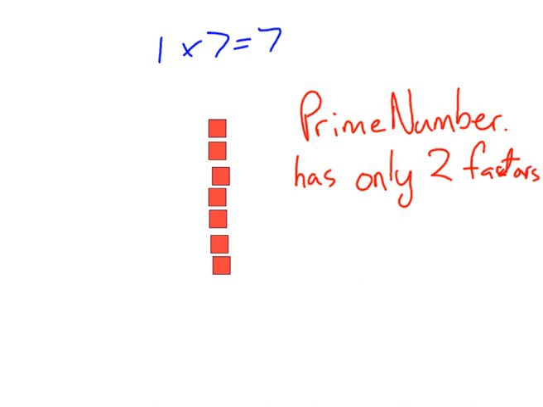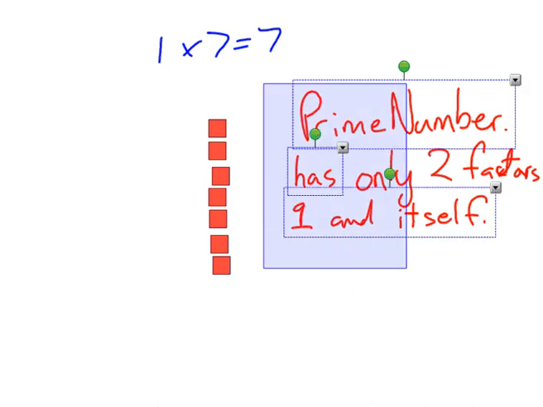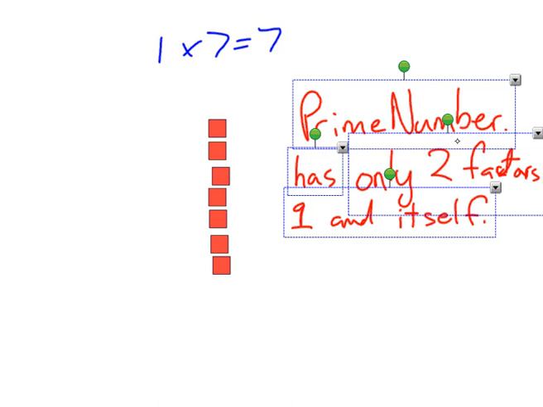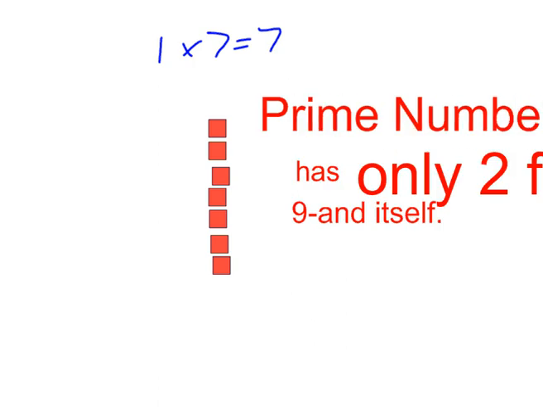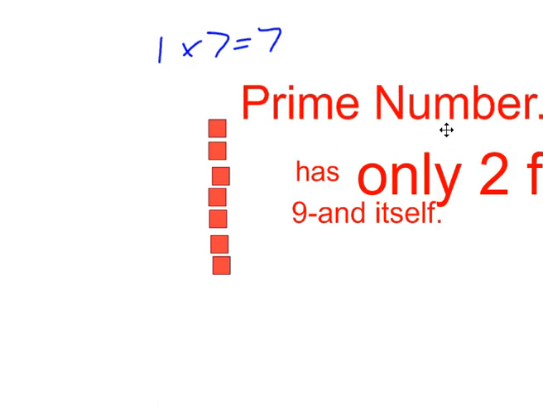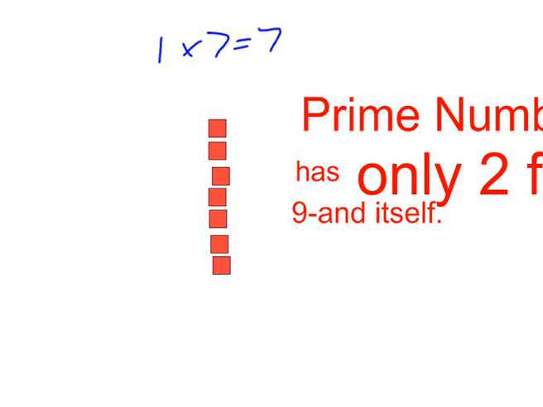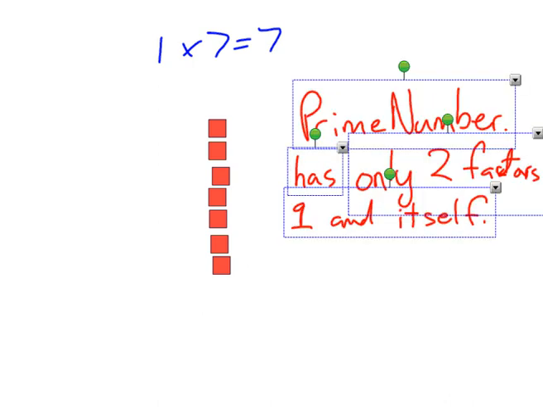Factors: 1 and itself. Oh boy, that didn't work out. I'm going to get you to write that down. I know it's messy, but you guys can do that better than me. A prime number only has 1 and itself as factors. So that's a prime number.